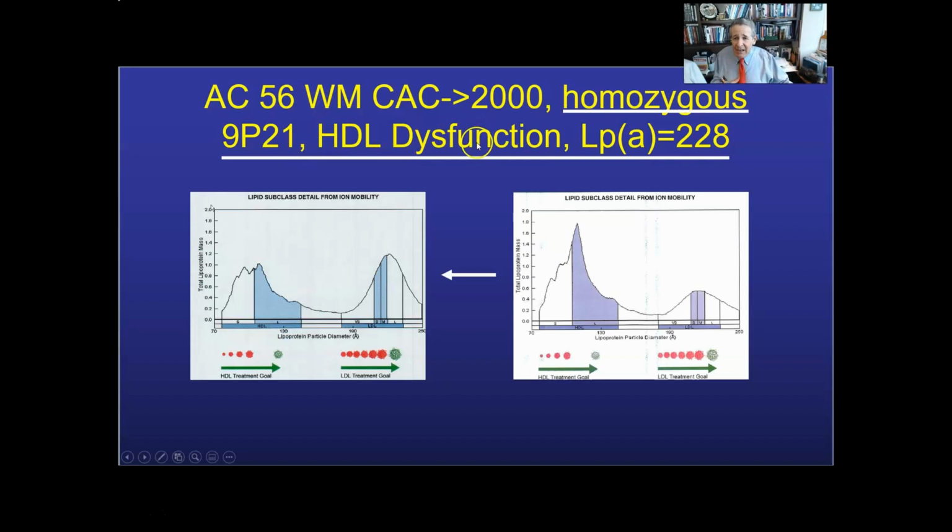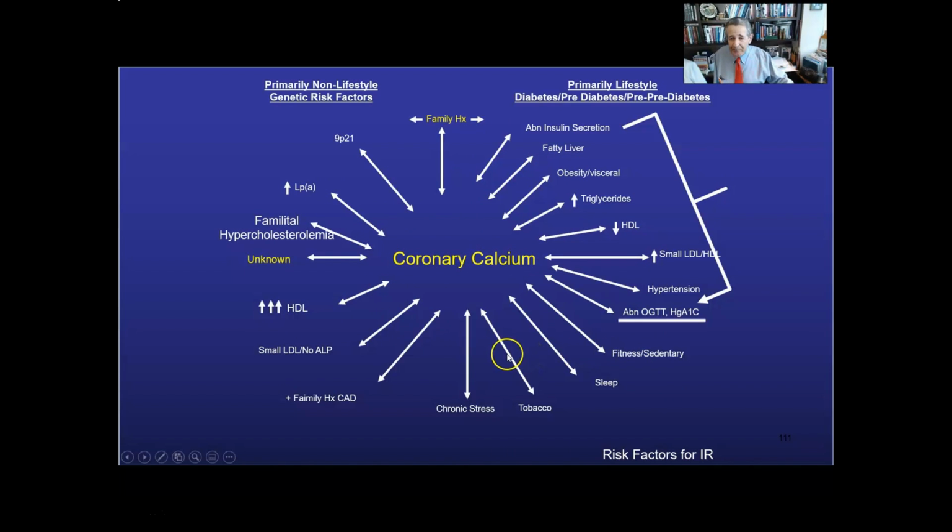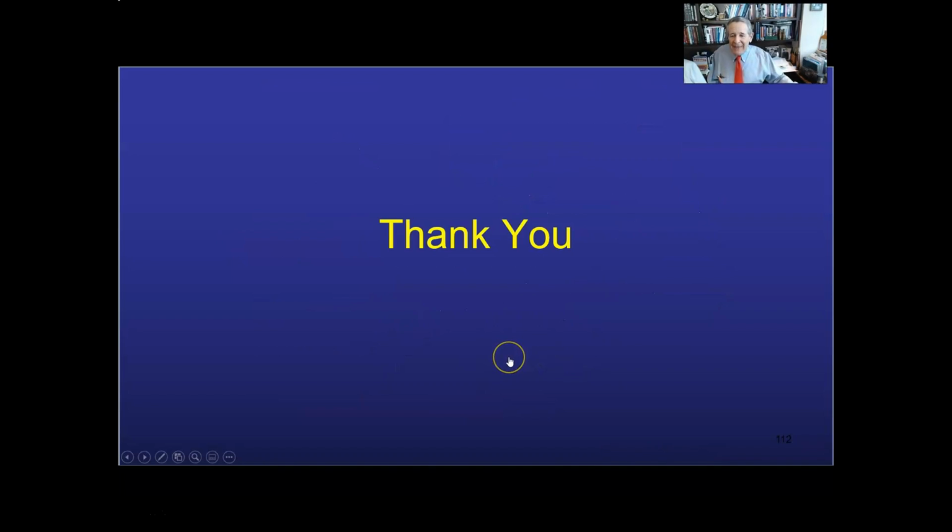He has HDL dysfunction and very high Lp(a). Again, Lp(a) does not get oxidized efficiently. That's why it's atherogenic, particularly when it's associated with other risk factors. So he had high 9p21, high Lp(a), HDL dysfunction, although no important lifestyle problems. Thank you very much.